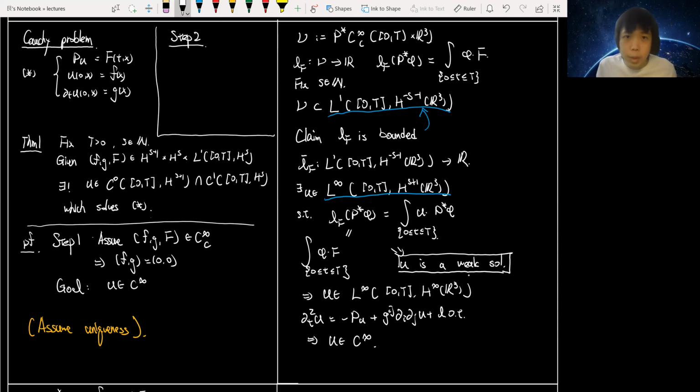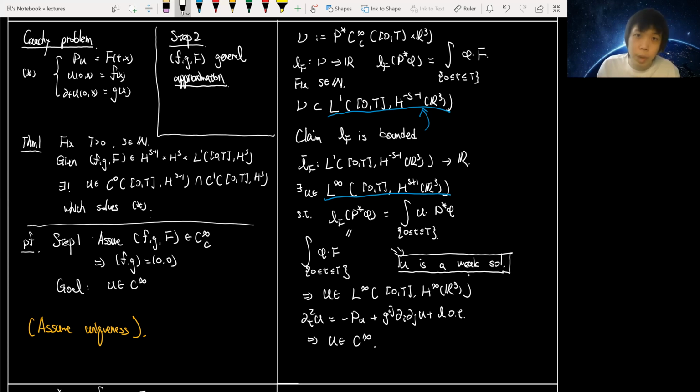And step 2 is quite standard. For a general solution, general integral data, then we use approximation. The only thing we need to make sure is, once we approximate this data by smooth functions with compact support, we get a bunch of solutions. These solutions will be convergent.